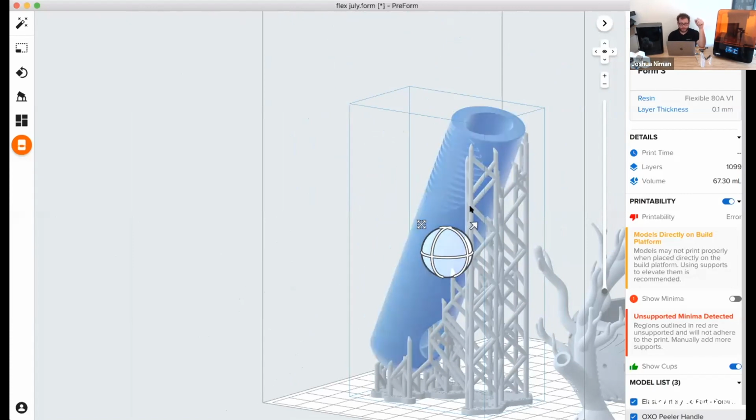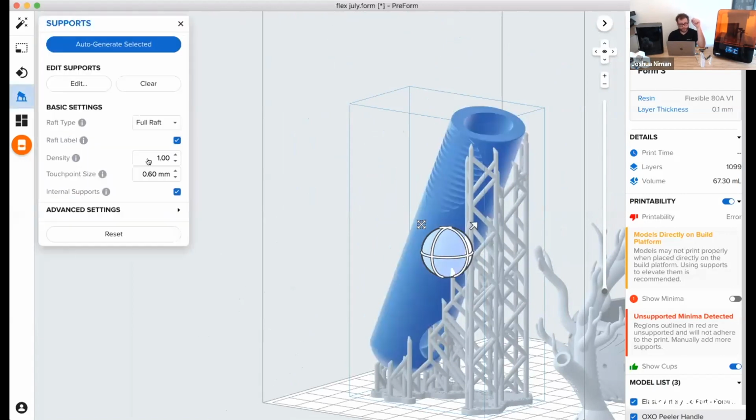The old Flex V2 touch points for the material, I think, were 0.8, 0.9. They were pretty serious. We've gone down to 0.6 as a standard. I'm confident you could go even lower than this if you wanted to for some features. I kept it at 0.6 just so you guys could get an idea of what the new default is, but it's a lot smaller.